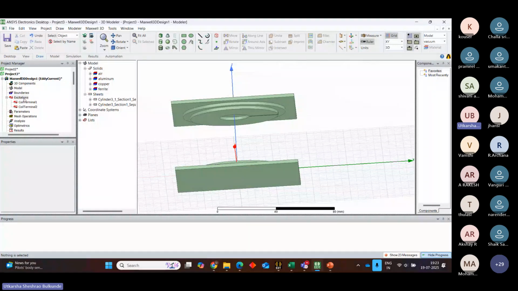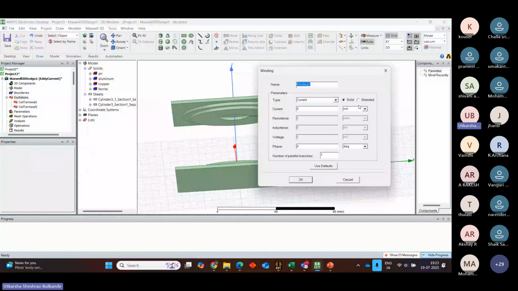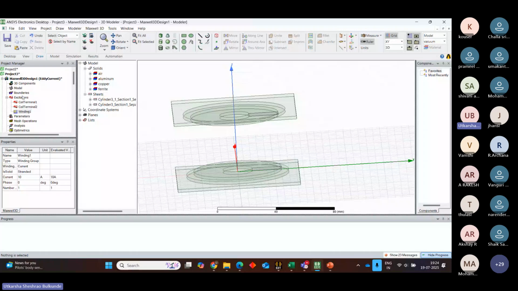Understood? Now you have to create winding. Add winding, current, standard, because you're using number of turns, right? I told you that you can only give number of turns when you select the standard option in your winding. Okay? 10 ampere. This is for primary.